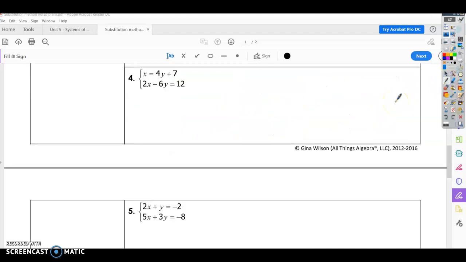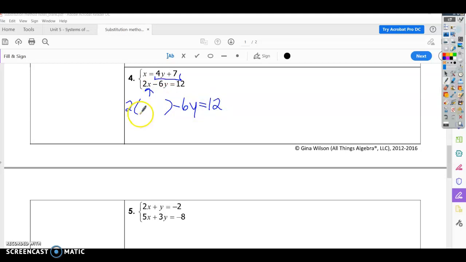All right, example 4. This time we have x equals. So if x equals 4y plus 7, this time we're going to substitute in place of x. All right, so x equals 4y plus 7. Let's take 2. We're going to leave a big space here because we've got to put all of that in this parentheses here. So 2 times x minus 6y equals 12.